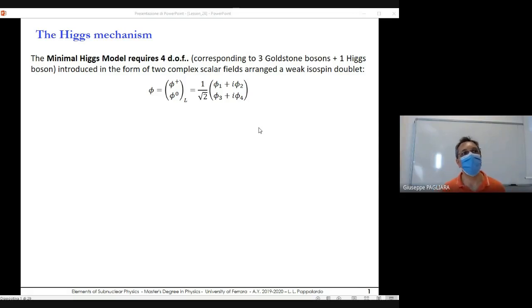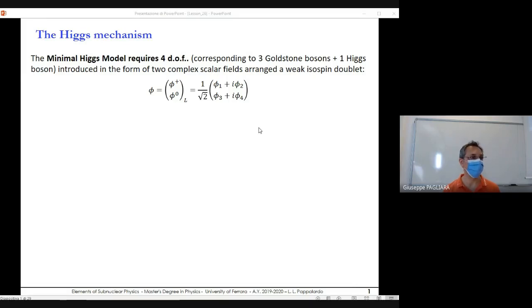So yesterday we started introducing the Higgs mechanism, which is the mechanism provided by the standard model to provide masses to the gauge bosons, so the weak interactions, the W and the Z, while keeping the photon massless. Okay, it's a quite complex mechanism. Okay, very elegant. And yesterday we actually introduced in different steps the concept of spontaneous symmetry breaking.